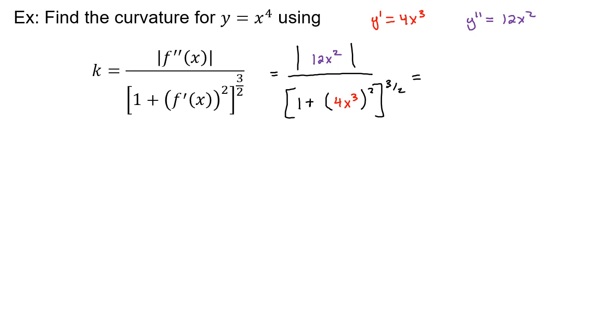Now, luckily, the absolute value of 12x squared will be just 12x squared, because if you square something, it'll be positive, and multiplying it by the 12 would be positive anyway.